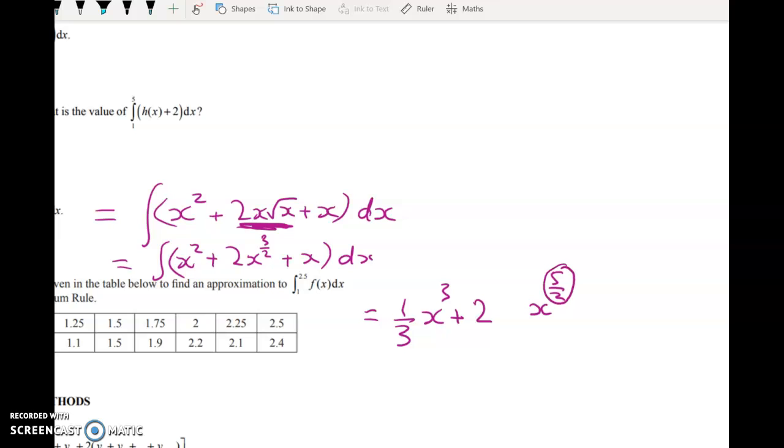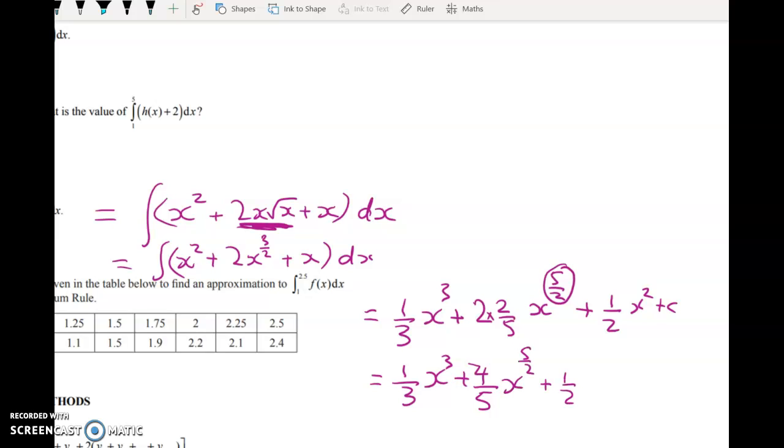I need to undo the 5 over 2 with the reciprocal, which is 2/5. And now at the end I've got plus 1/2 of x squared plus c. That gives me 1/3 x cubed plus 4/5 x to the 5 over 2 plus 1/2 of x squared plus c.